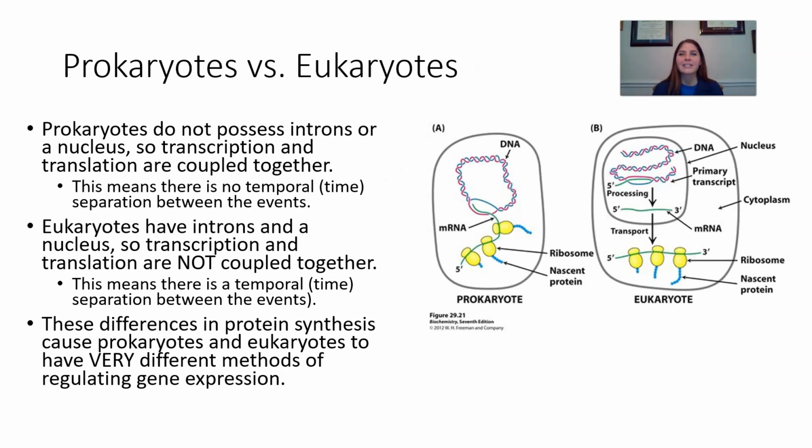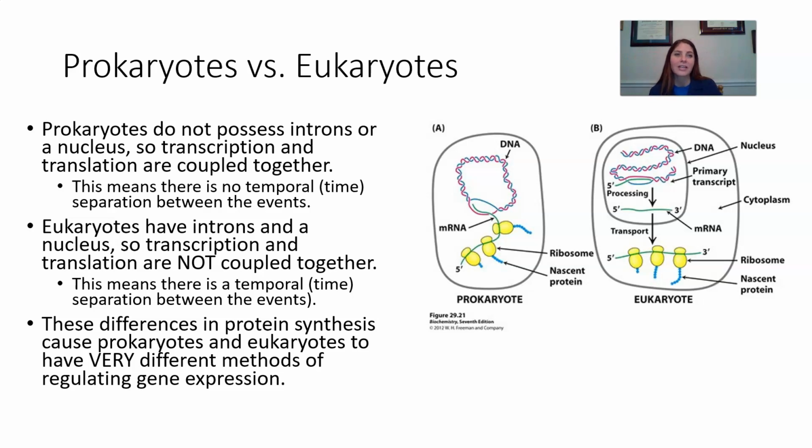Gene expression is slightly different in prokaryotes and eukaryotes. Today we're going to be mostly focusing on prokaryotic gene expression, but just to give you an example, prokaryotes don't possess introns or a nucleus. If you flash back to protein synthesis, whenever those messenger RNA strands are being synthesized in the nucleus, which prokaryotic cells also lack, we have a spliceosome, which is going to splice introns together and splice exons together.